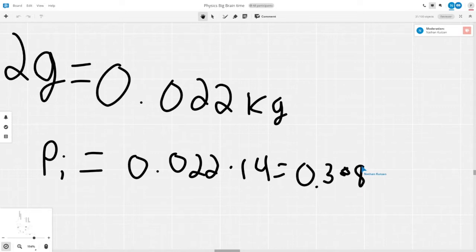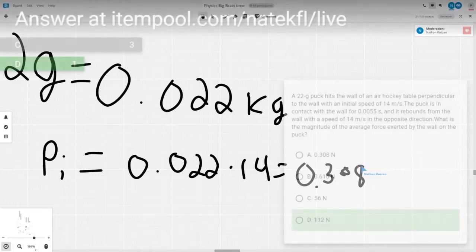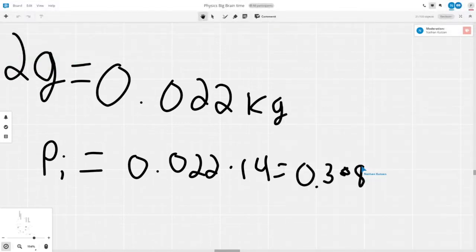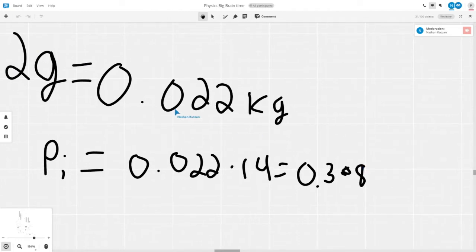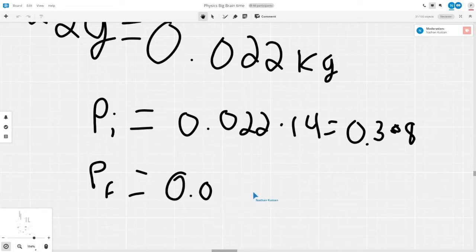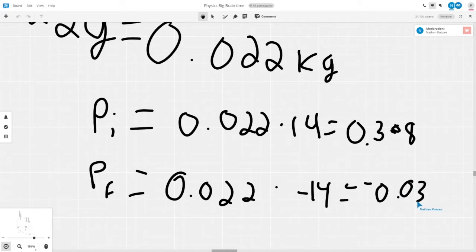Okay. And then it said that its final velocity was 14 meters per second in the opposite direction. So its final momentum is going to be its mass of 0.022 times negative 14, or 14 meters per second in the opposite direction, which is negative 0.308.